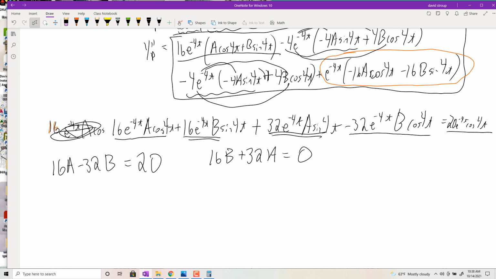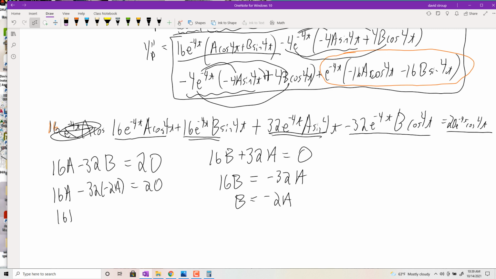So I could solve at least for one of the variables. 16b equals negative 32a. In other words, b equals negative 2a. Plugging that into the other formula, then 16a minus 32 times negative 2a equals 20. So I'm getting 16a plus 64a's equals 20.